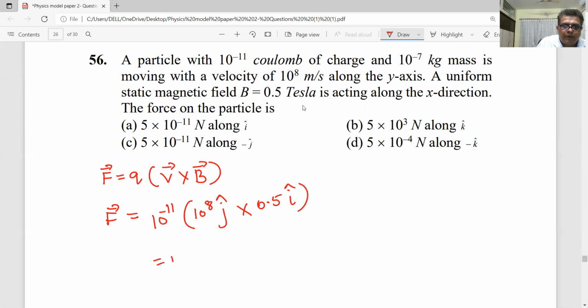So 10 power minus 11, 10 power 8 into 0.5. No doubt about it, j cross i is minus k cap.